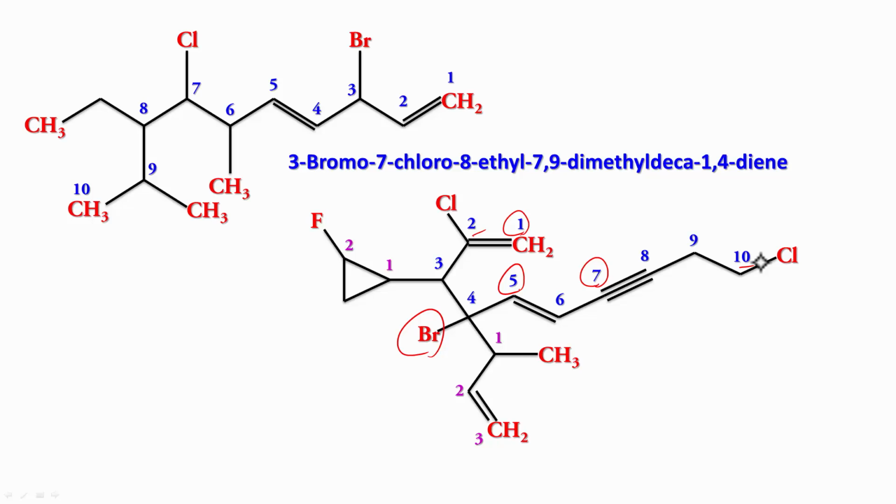And then, what is the name of this one? This is going to be 1-methylprop-2-enyl.